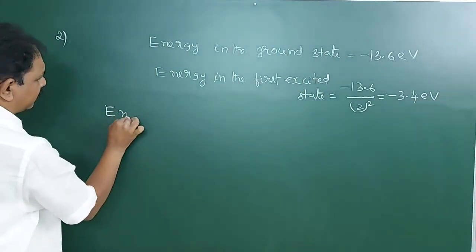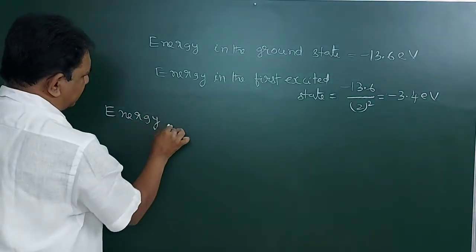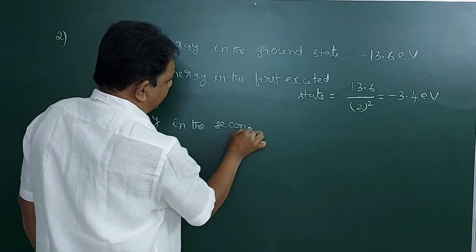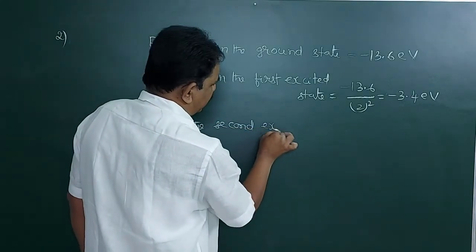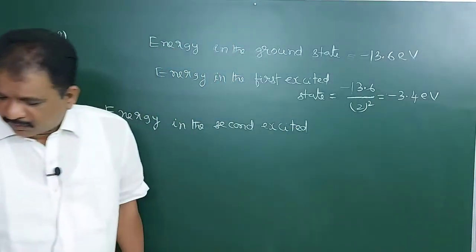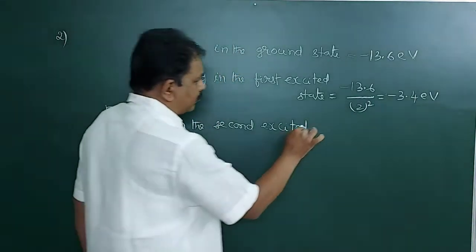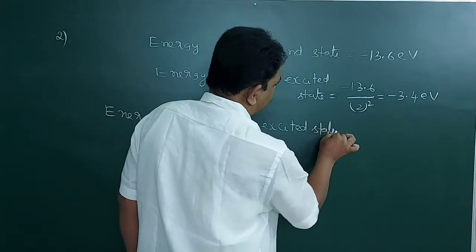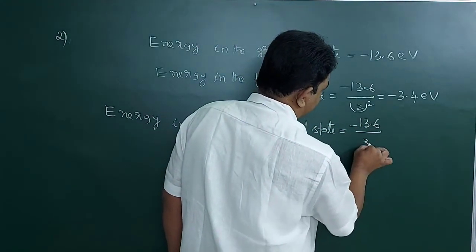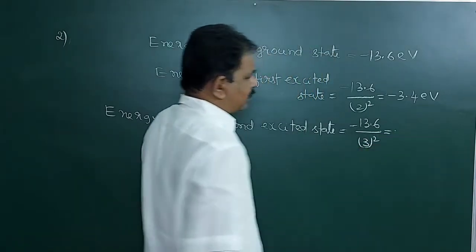Next, energy in the second excited state is equal to minus 13.6 by 3 square.